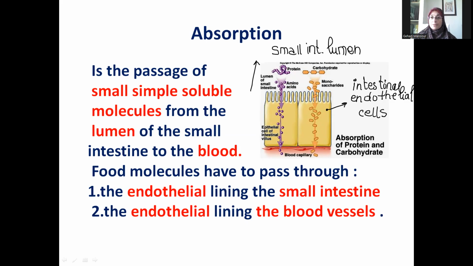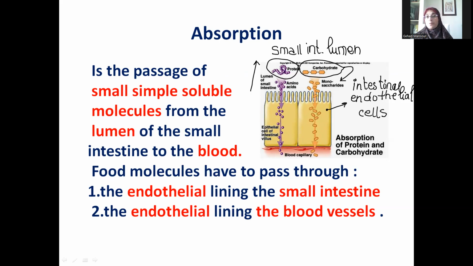In the small intestinal lumen or cavity, we have multiple types of foodstuff. We have two major groups: carbohydrate molecules and protein molecules. These are, as you see, relatively large molecules. Of course, this is not the whole molecule; what's on the diagram is only part of the molecule. These complex molecules will be converted into their simplest form.